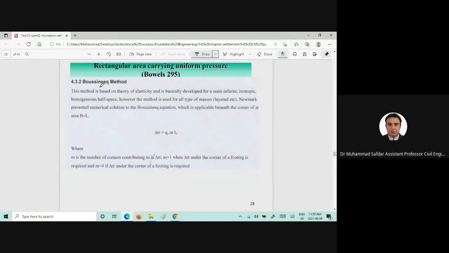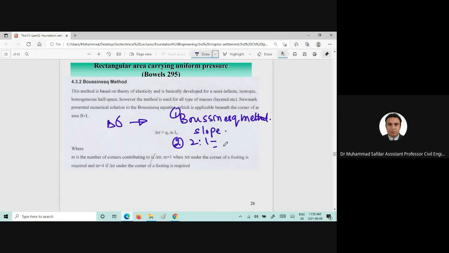Now, there are two methods to find delta sigma. We can find it using the Boussinesq method, and the second method is the Westergaard method.